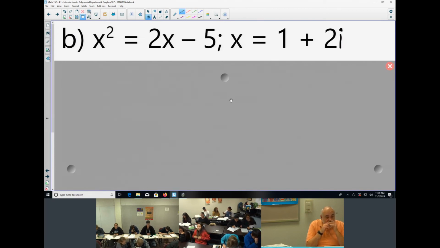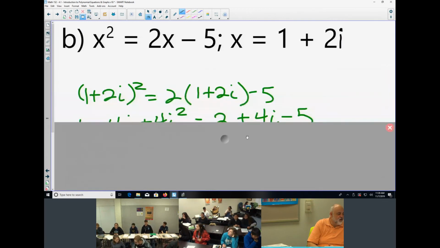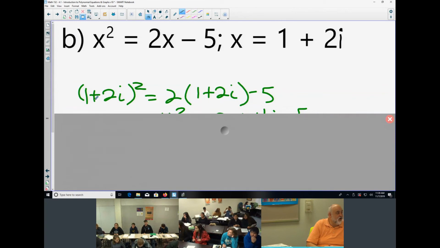All right, so what do you think? Yes or no? Okay, seeing a lot of yeses. All right, so let's just see. So again, you plug in everywhere you see an x, you plug in 1 plus 2i. Now when you square this, I bet if you made a mistake, it would be on this step right here.